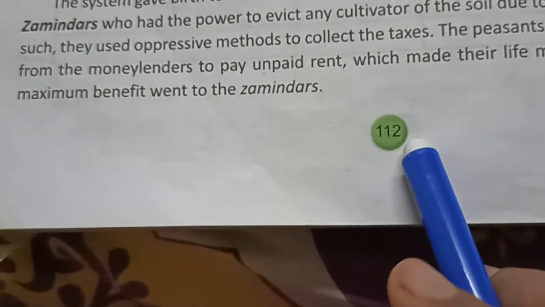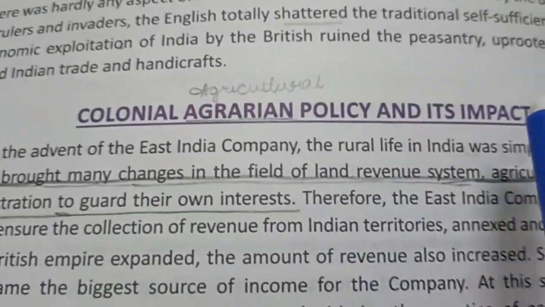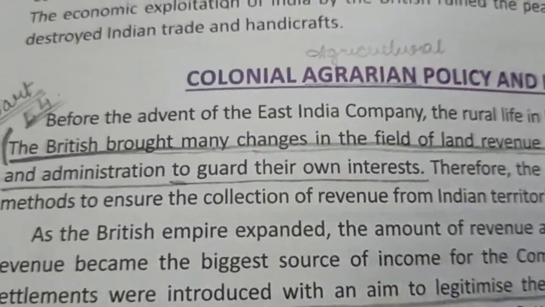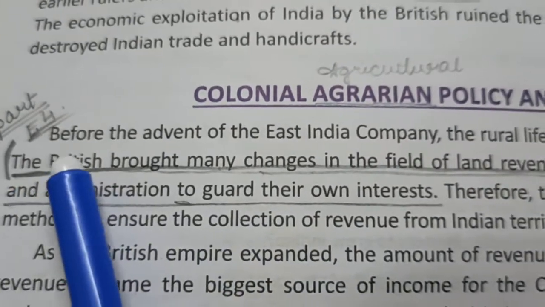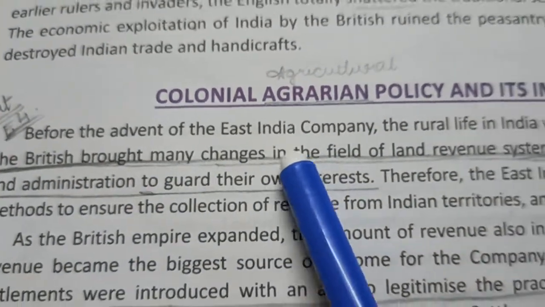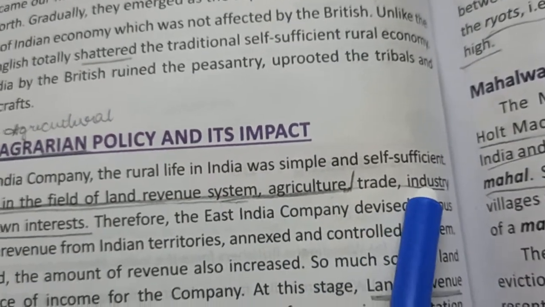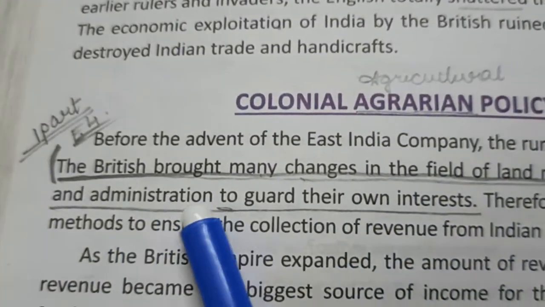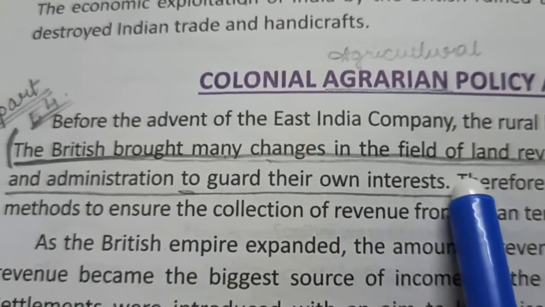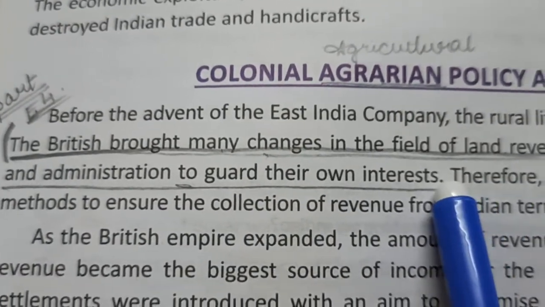First paragraph is on page number 112. Here, colonial agrarian policy and its impact. In first paragraph you will write, the British brought many changes in the field of land revenue system, agriculture, trade, industry and administration to guard their own interest.